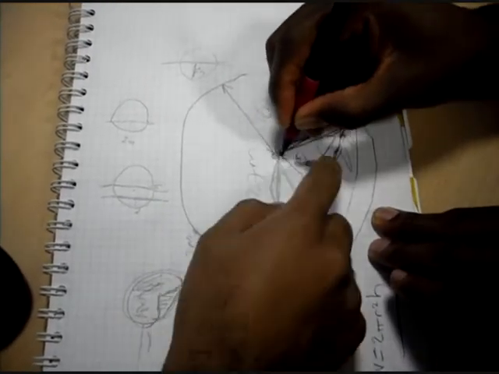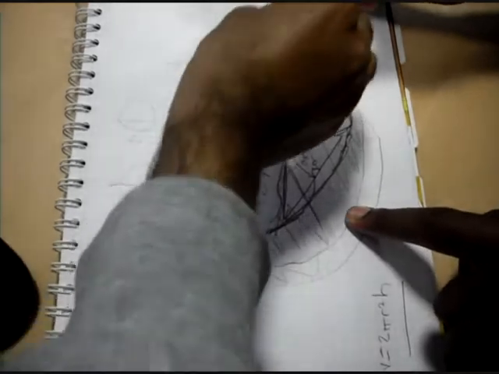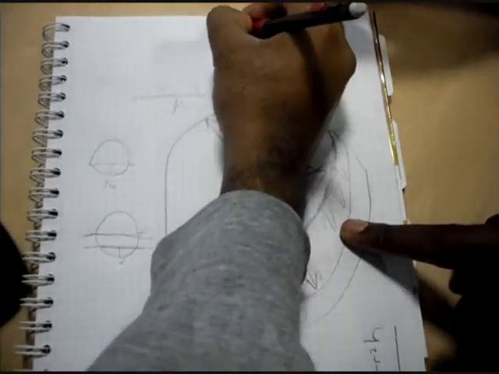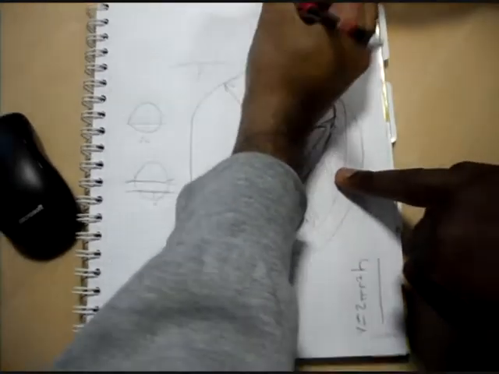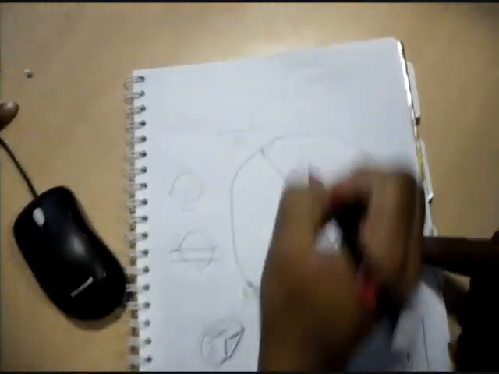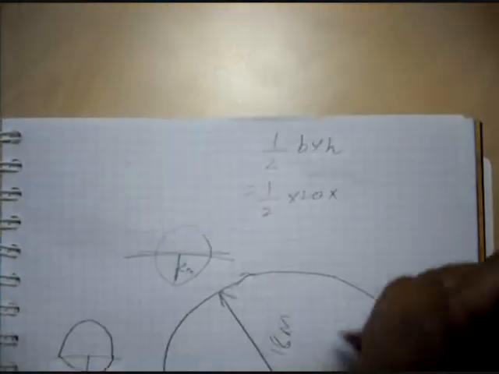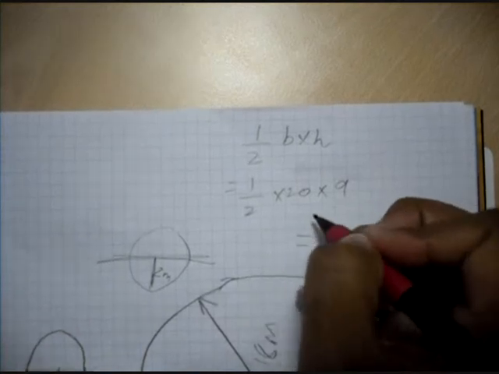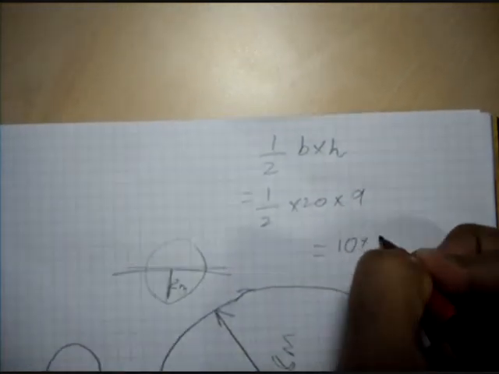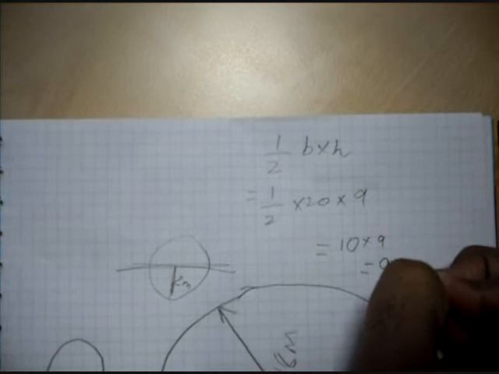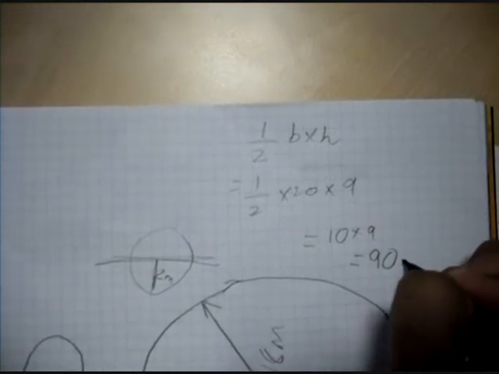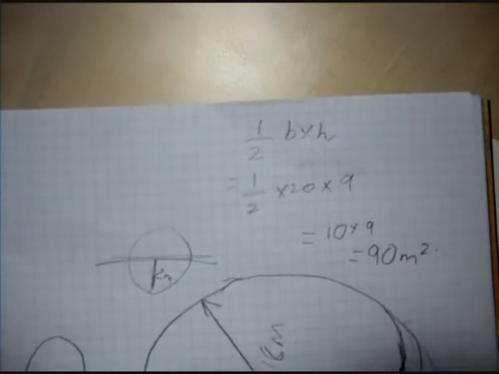So then what we need to do is find the area of that, which is half base times height. A half times the base, which is 20 meters, times the height, which is 9 meters, which is a half times 20, which is 10, times 9, which is 90 meters squared, the area of the triangle.